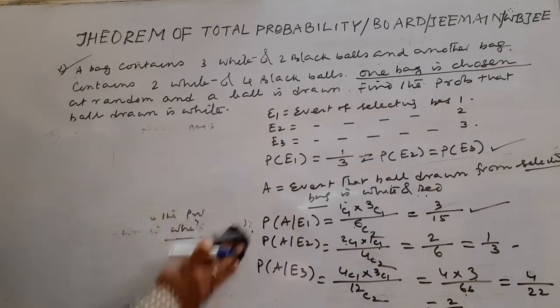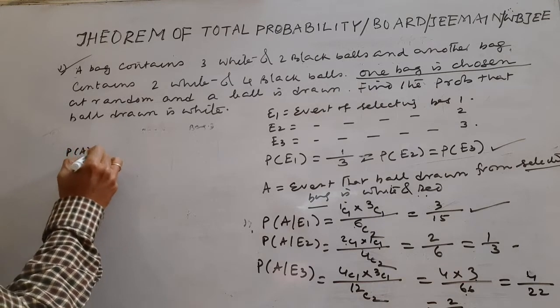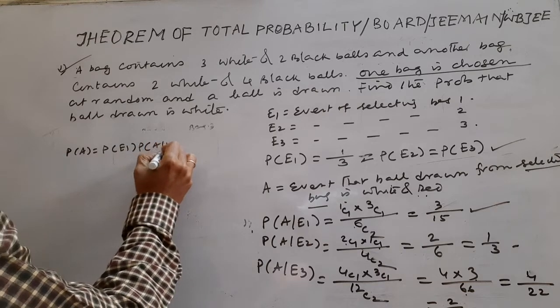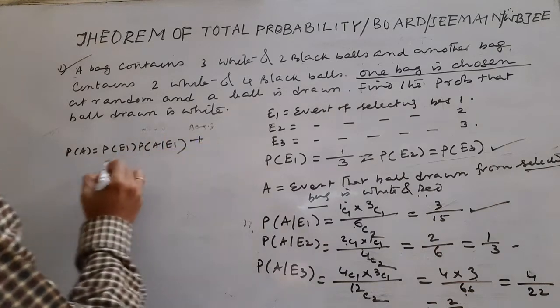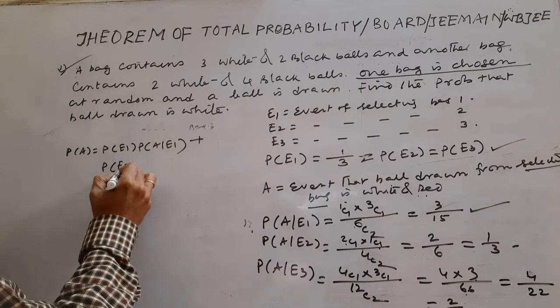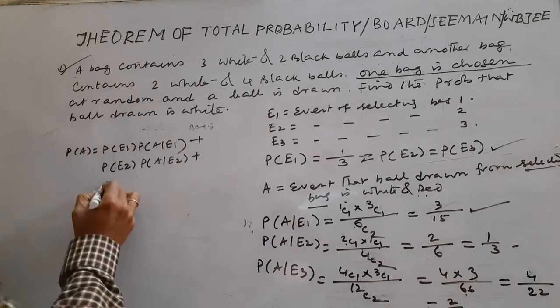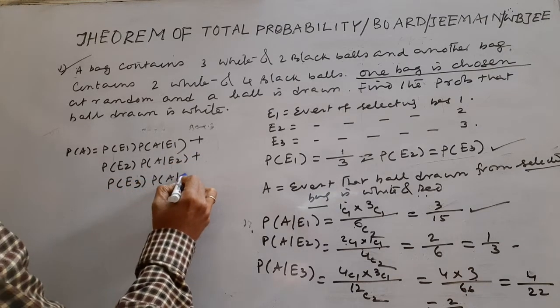Now we have to find PA. So PA equals, you must write the formula: PE1, PA by E1, probability of A from bag 1, plus PE2, PA by E2, probability of A from bag 2, plus PE3, PA by E3, probability of A from bag 3.